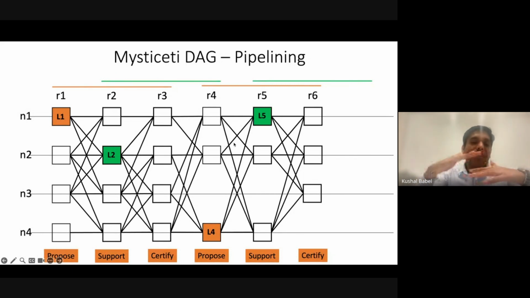So you have these superposed waves that are pipelined one after the other. I'll talk about what happens if you have one wave that is stalling the pipeline, right? Because that's the main problem in pipelining. But on a high level, the naive intuition is that you can have these pipelined waves, and you can commit a proposal in every round.